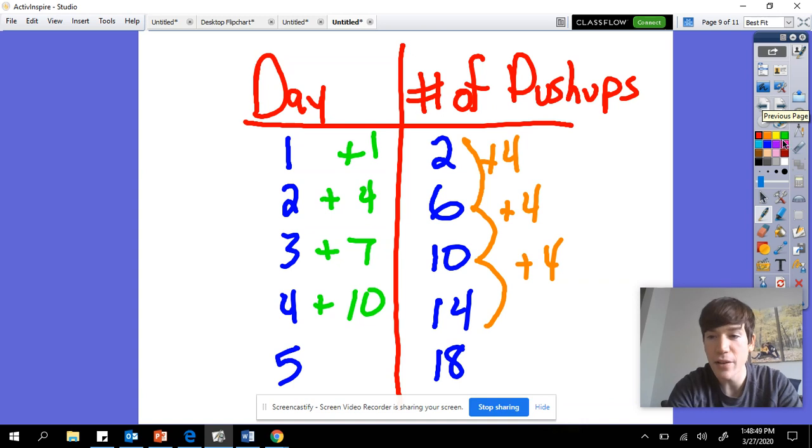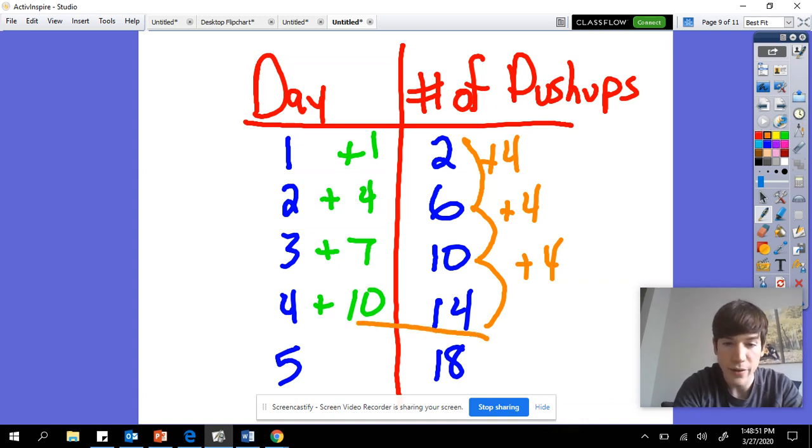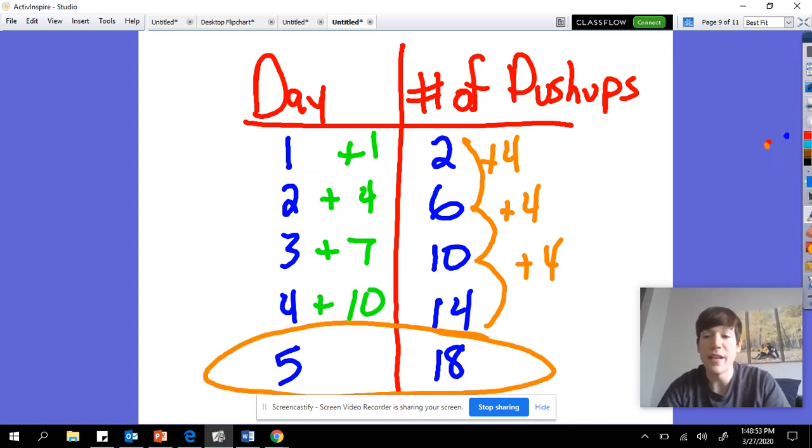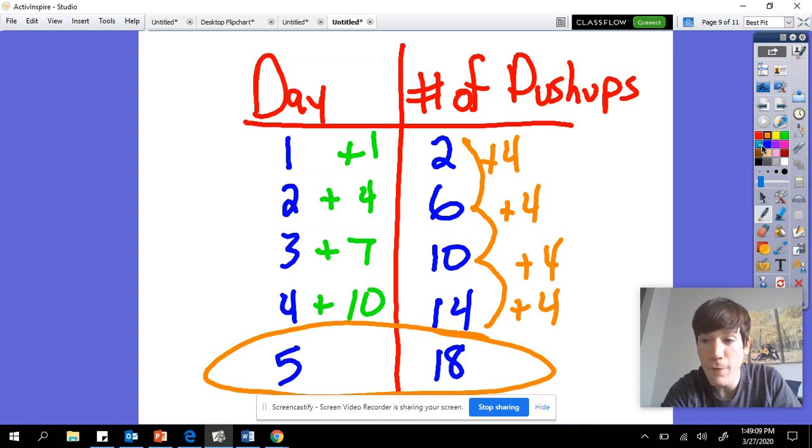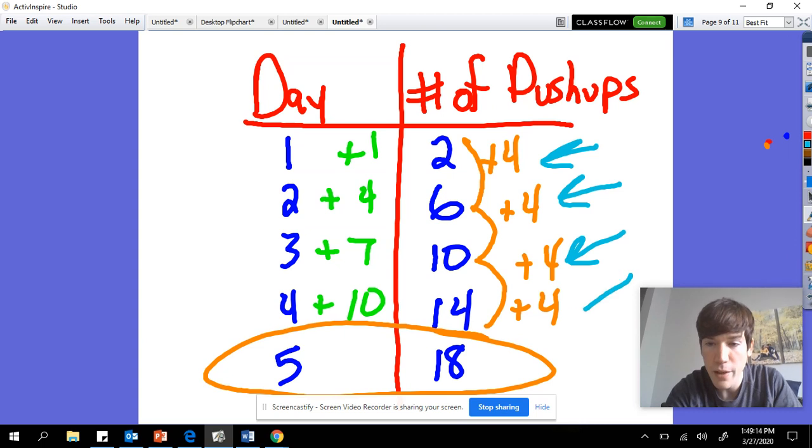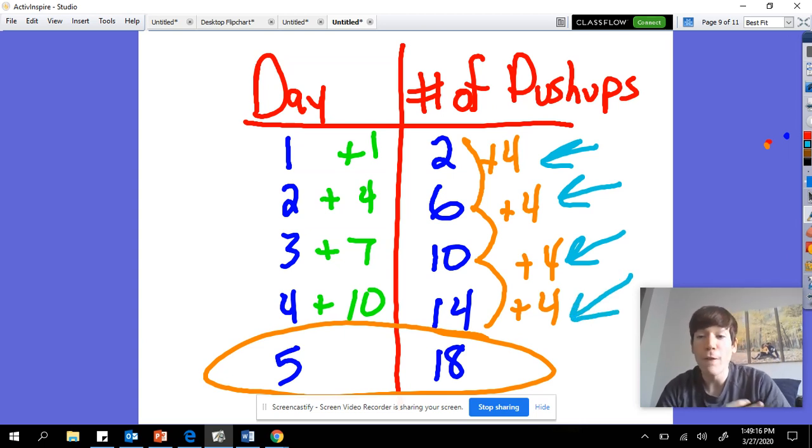So let's take a look at this row here, day 5. On day 5, notice I did 18 push-ups. What I'm going to think about is how many times I had added 4 from my original day, day 1, to get 18. Well, notice I had added 4 different times. So there's 1, 2, 3, 4. I had added 4 different times.